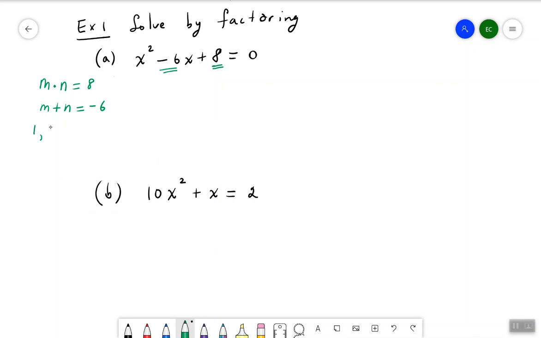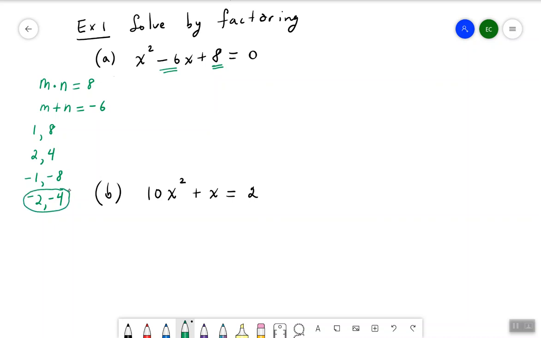You could have 1 times 8, or 2 times 4, or you could also have the negatives. -1 times -8 would make +8, and -2 times -4 would make +8. Once you have that list, you can go through it and see which combination adds up to -6. It's the -2 and -4.